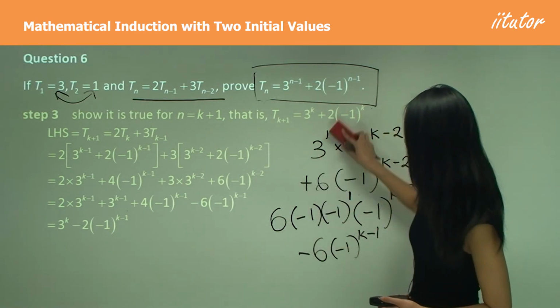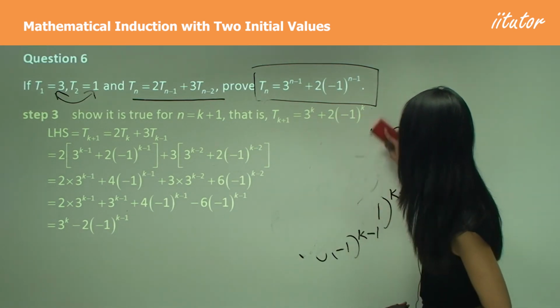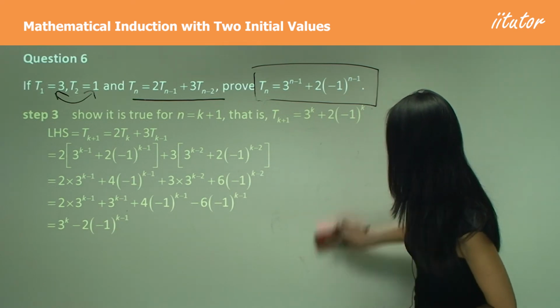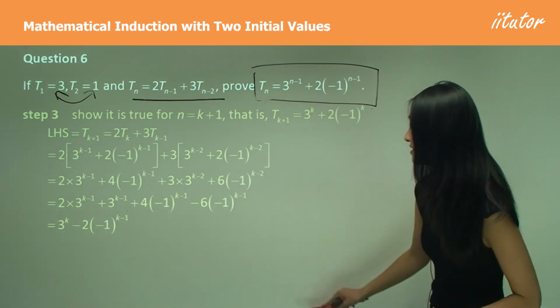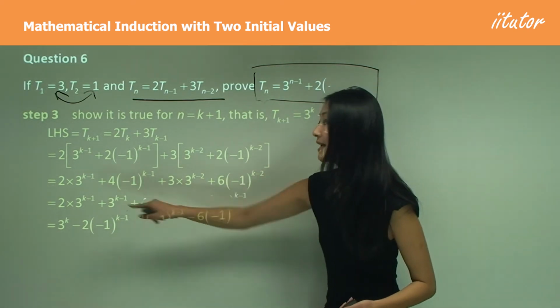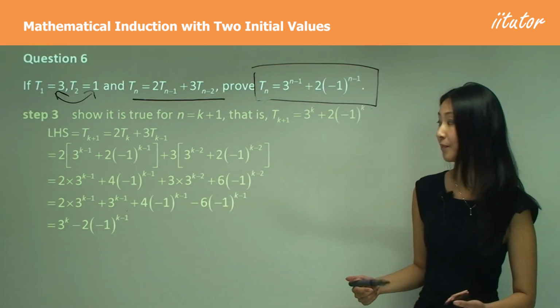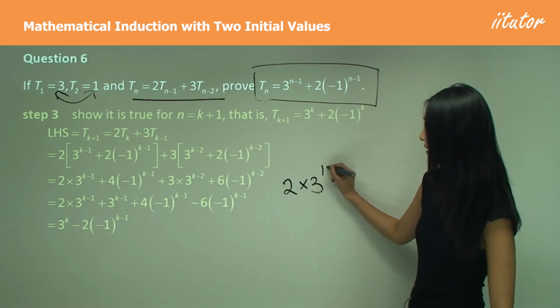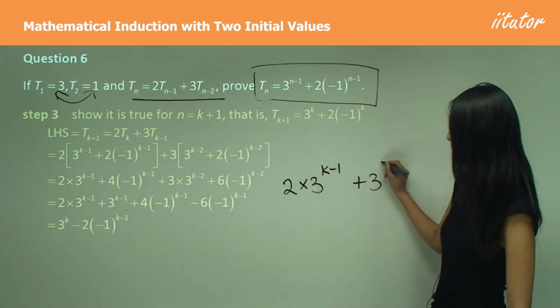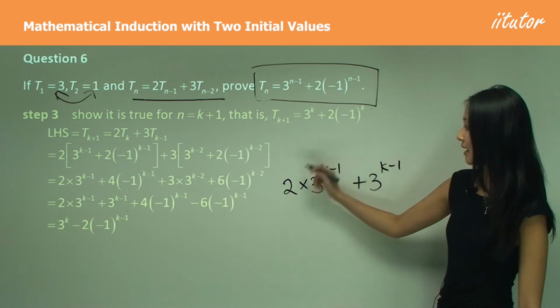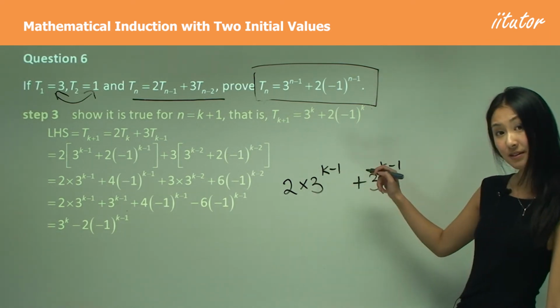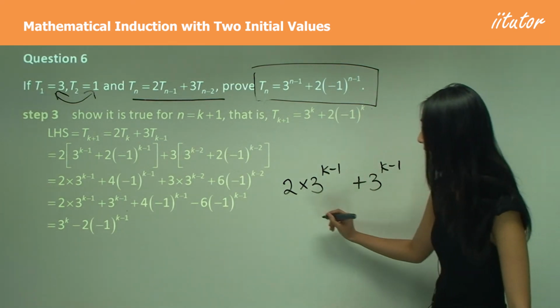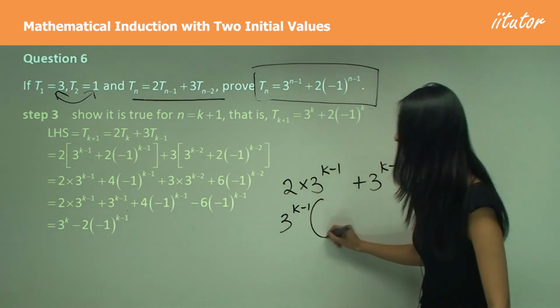So what I do now is I put them all together. So I put together the common terms. So over here, you can see that 3 to the k minus 1 is common to both of them. What I've done from there is 2 times 3 to the power of k minus 1 plus 3 to the k minus 1. You can see that these two are common terms. So if I factorize that out, what does that leave me with?